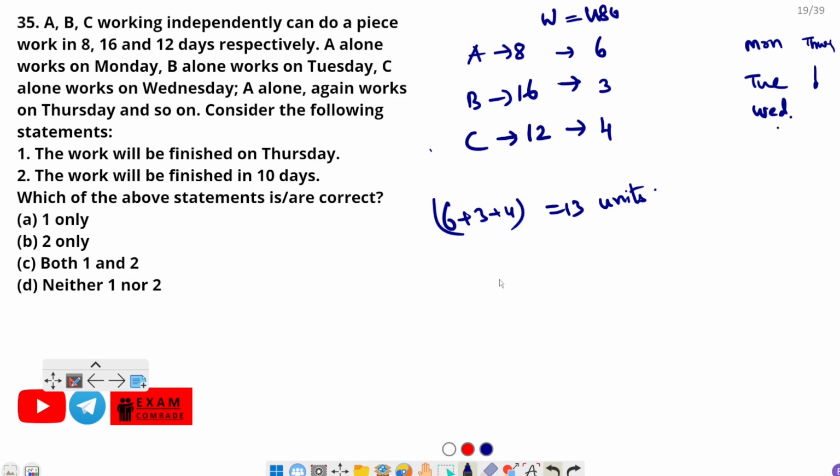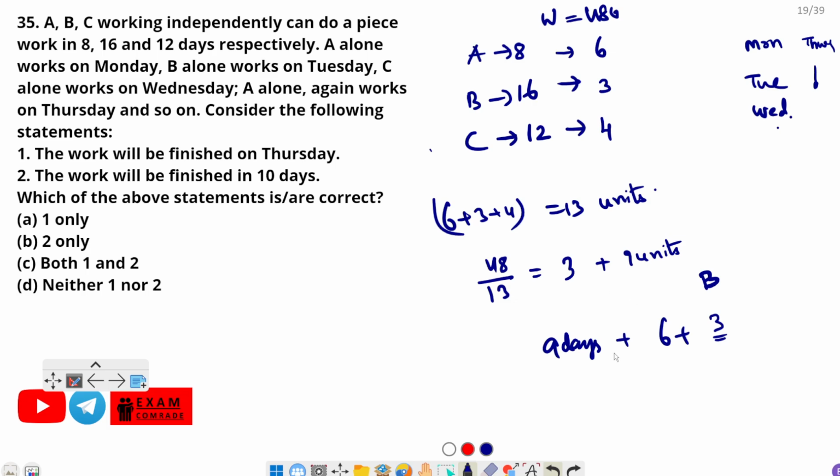So 48 by 13 is 3 plus 9 units remaining. So they will take 3 into 3, 9 days, plus for the other 9 units, A will work 6 units plus B will work 3 units. The work will be completed by B.